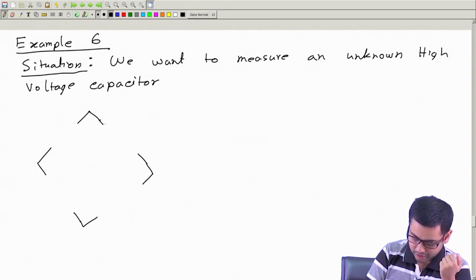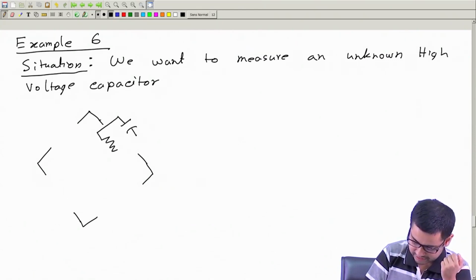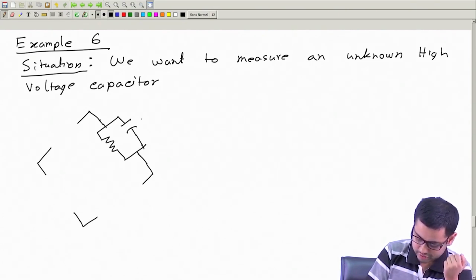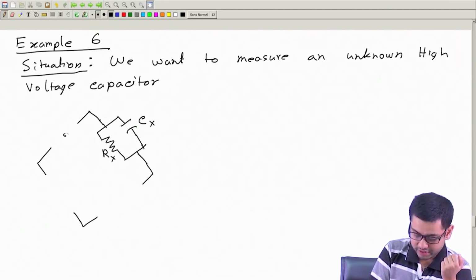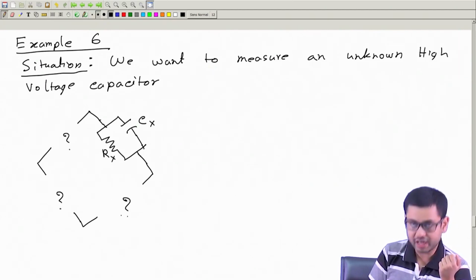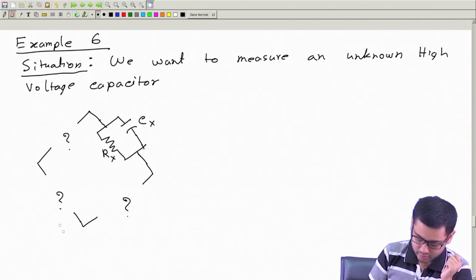But now, this unknown capacitor, RC, if you want to represent in parallel, let us put it like this. Call this Cx, Rx, unknown capacitor. And now we have to find what the other branches are. Okay.